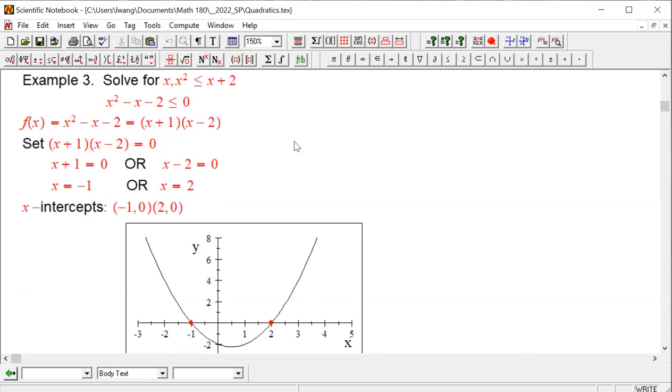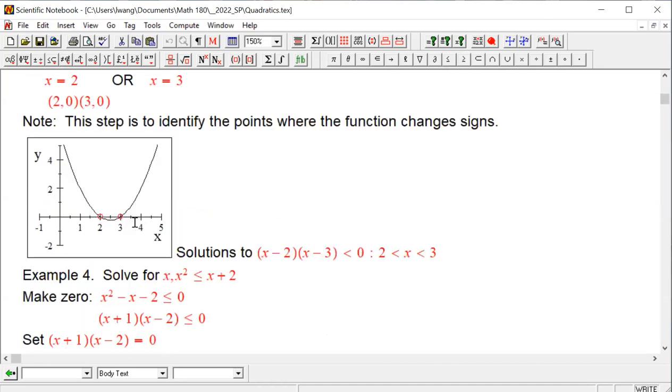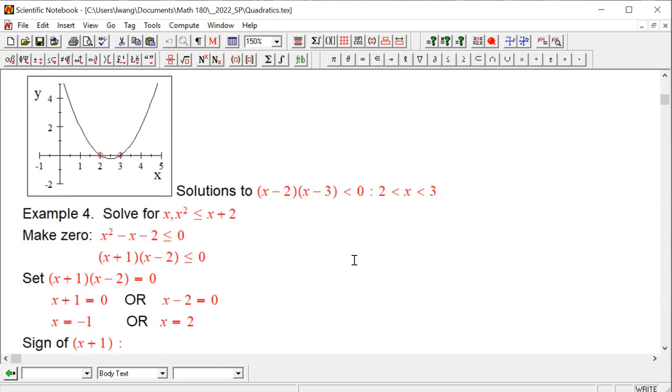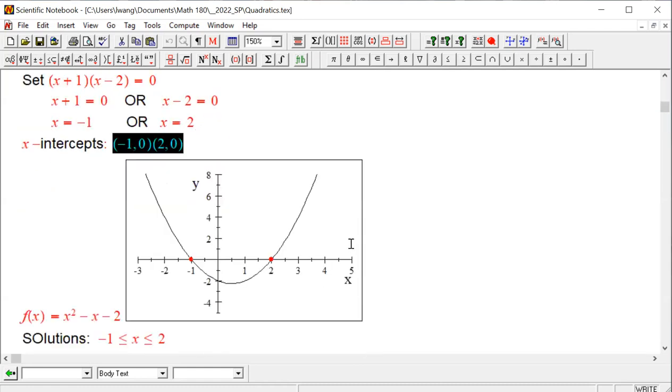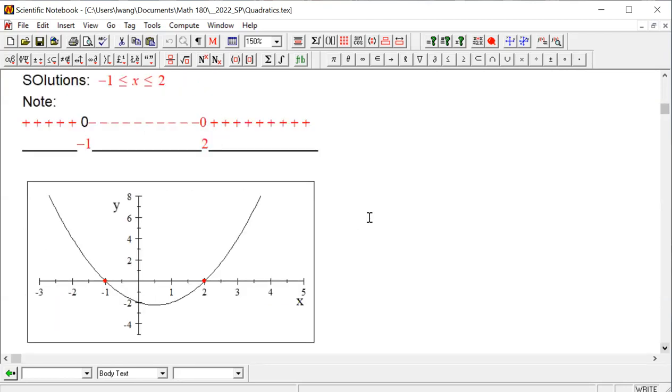If you look at the function perspective, you just have to identify x-intercepts, right? And this time the x-intercepts are drawn as dots instead of circles. In the previous case, circles, because they're less than 0. Here we want less than or equal to 0, so we draw dots.